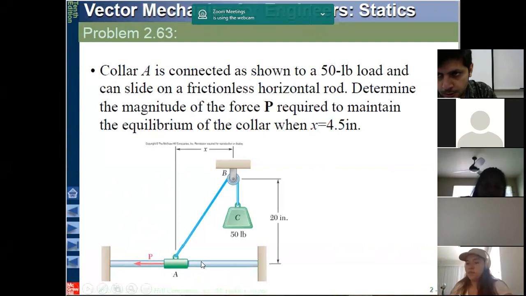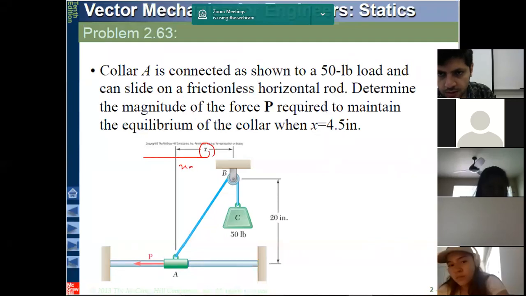So you need to determine the magnitude of the force P required to maintain the equilibrium of the collar when X is 4.5 inches. So this is X. This is given.